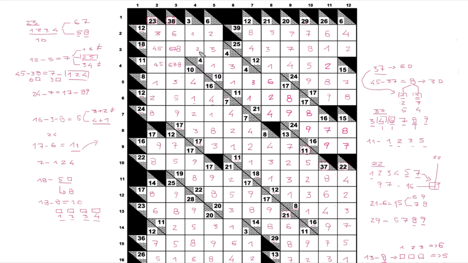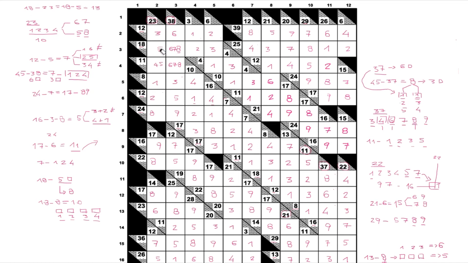Now we have number 18, and here will be number 2 and number 3, or 18 minus 2 minus 3 will be 18 minus 5, and this 18 minus 5 will be number 13. We have to produce number 13, and with these numbers there is only one chance to make number 13, and this will be combination with number 8 and number 5.